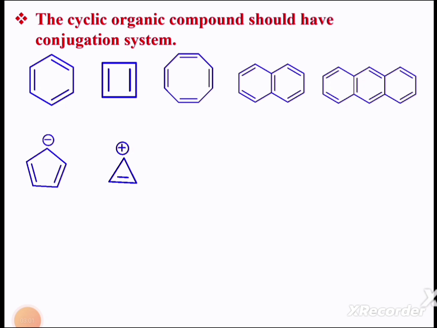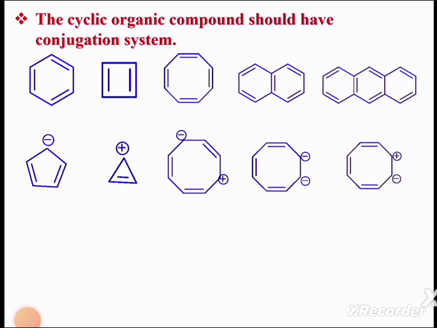Similarly, a positive charge also will be in conjugation: positive charge, single, double, single. Also here, a negative charge, single, double, single, positive charge, single, double. So these different ionic species will be in conjugation.